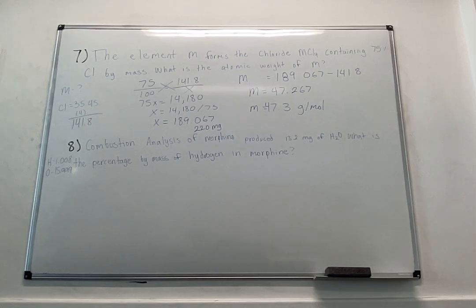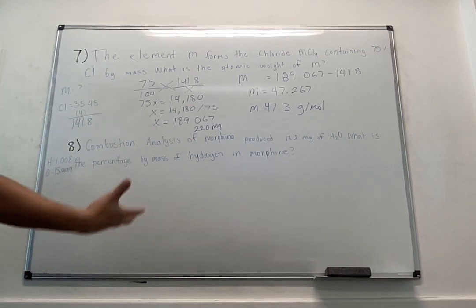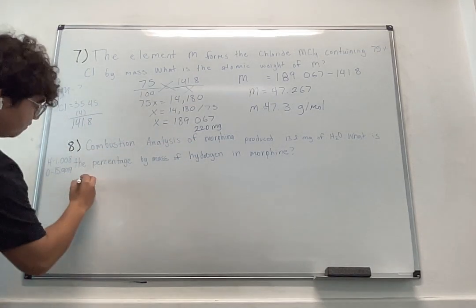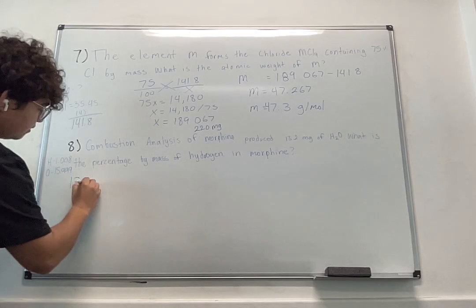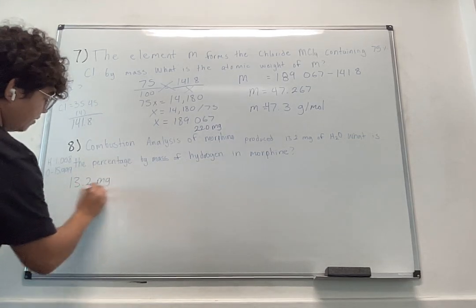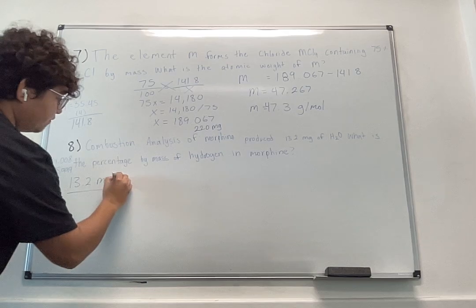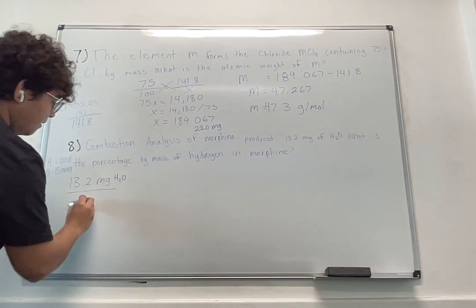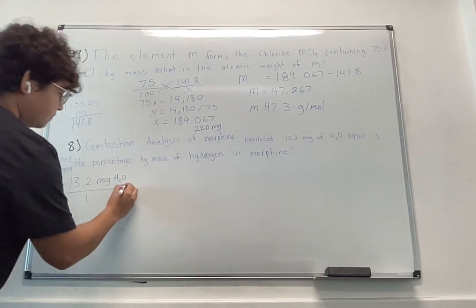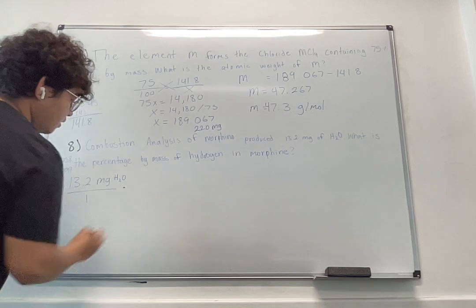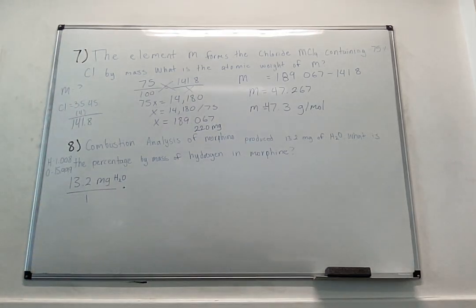If we want to find the answer, we first have to change the milligrams to grams. So we can start off by putting 13.2 milligrams of H2O over 1. And then, how many milligrams are in a gram?